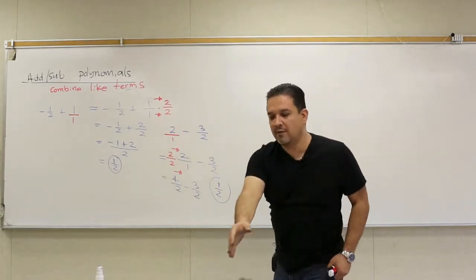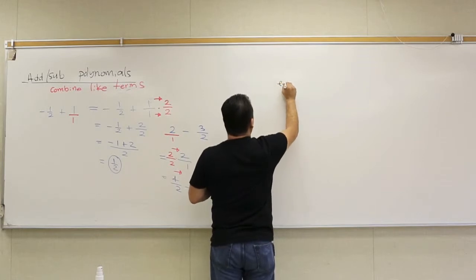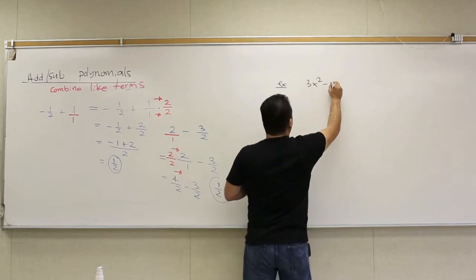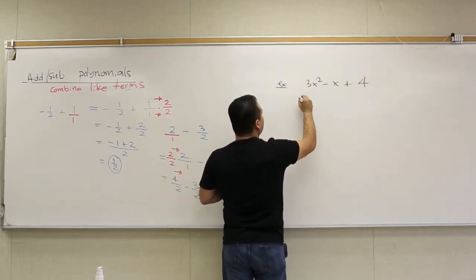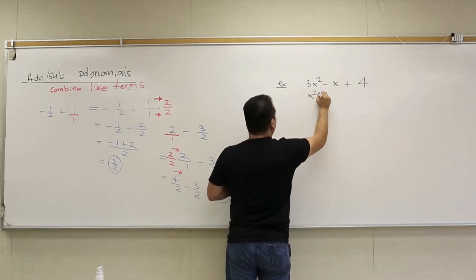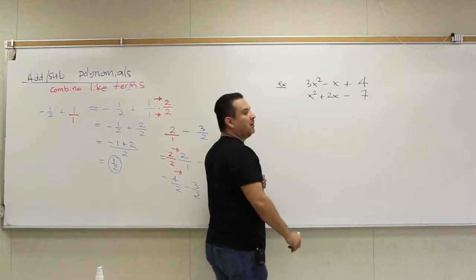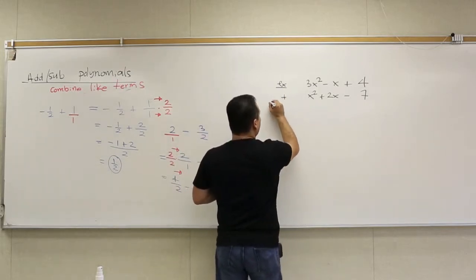Let's get this. Okay, here we go. Let's give you another example, just so you can put this together. What if they gave you 3x squared minus x plus 4, and then they put down here x squared plus 2x minus 7. And then they put an addition sign here. Do you know what you're looking at?